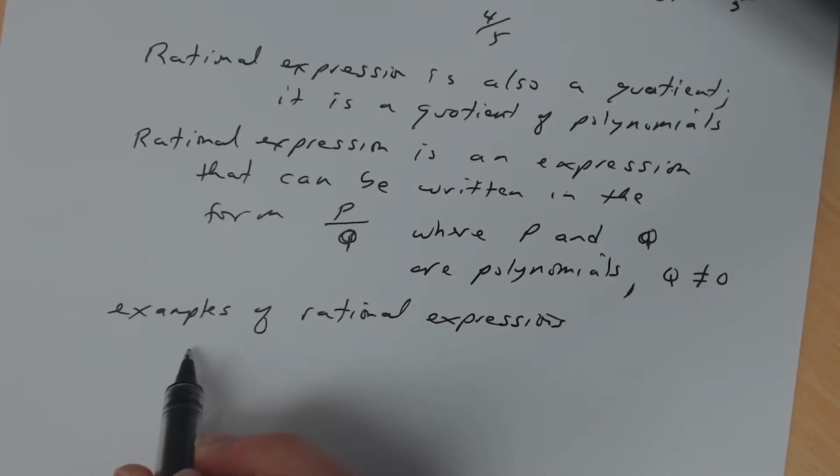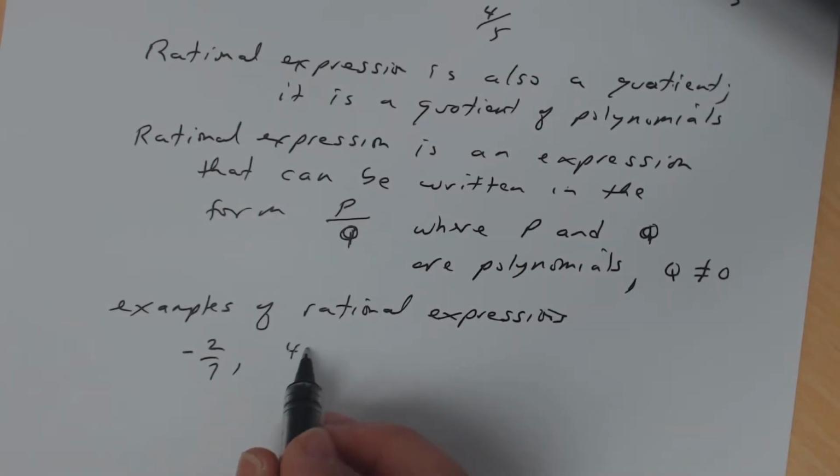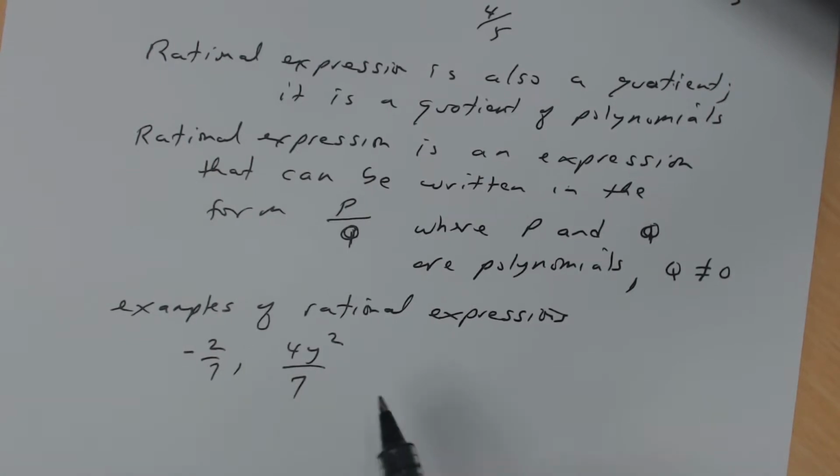So, like negative 2/7, that's a rational expression. 4y squared over 7 is a rational expression. Remember, the definition of polynomial is one or more monomials. So this is a monomial, this is a monomial. So this is a rational expression.